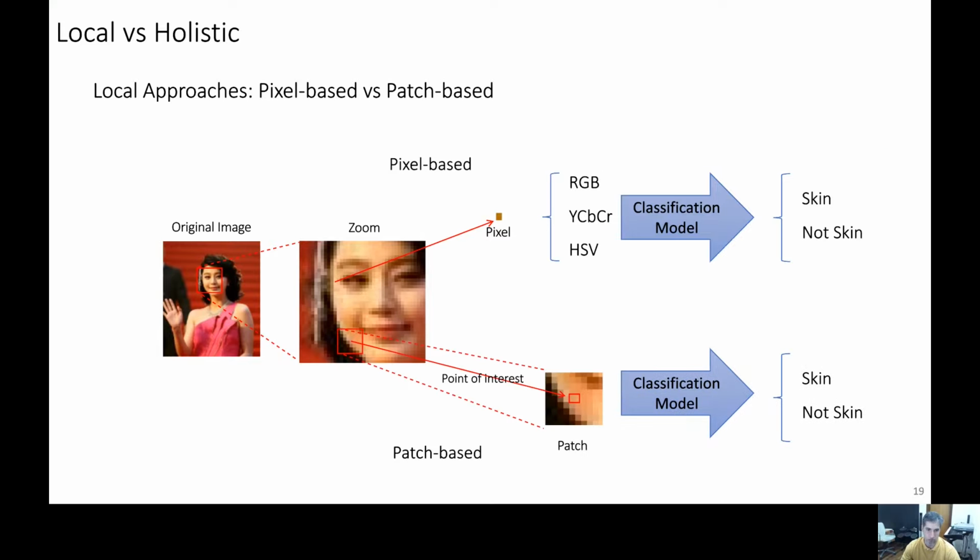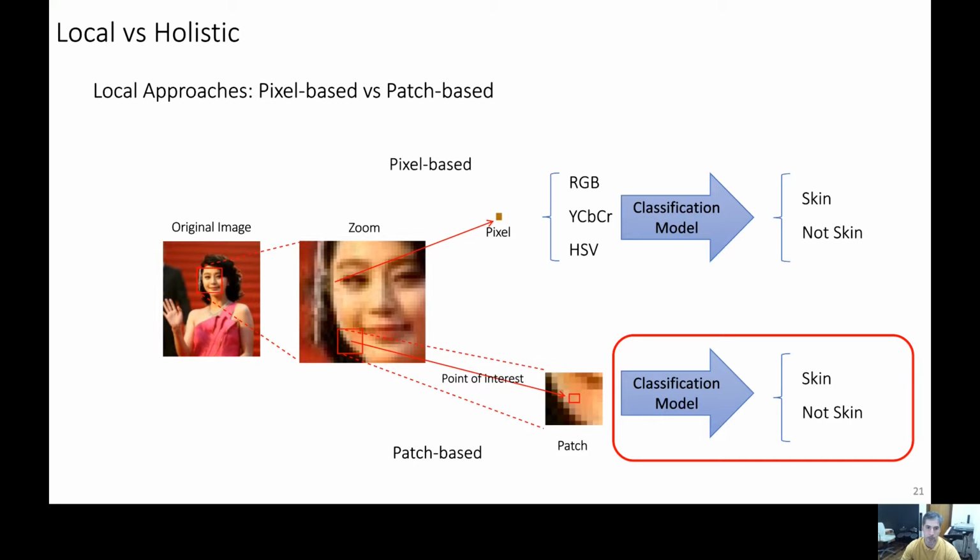In patch-based approaches, a patch surrounding the pixel of interest is used to classify each point of the image. To classify all the pixels of the input image, a sliding window is used to extract the patches for each pixel.